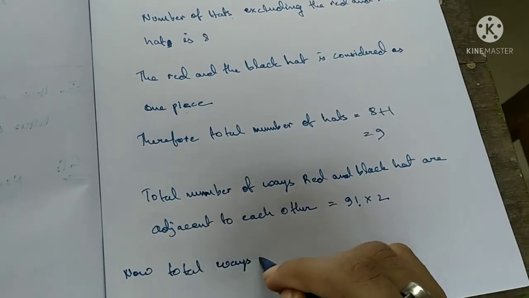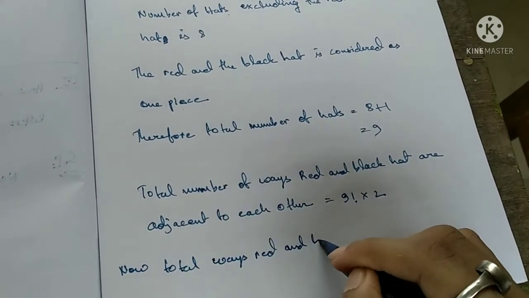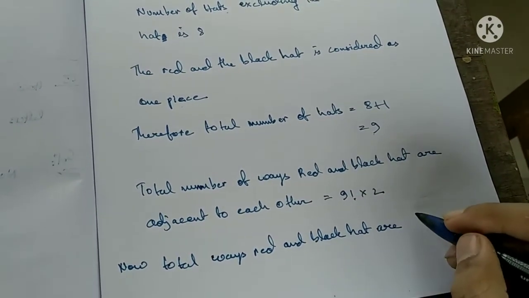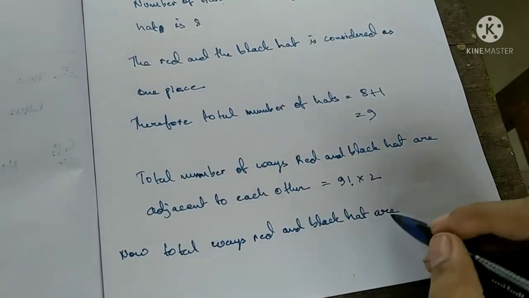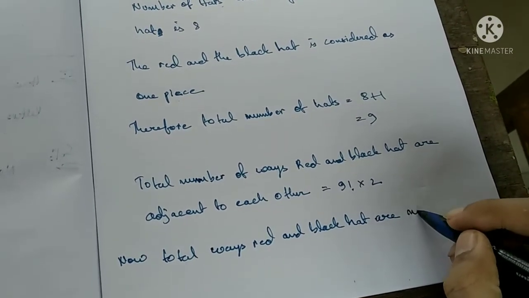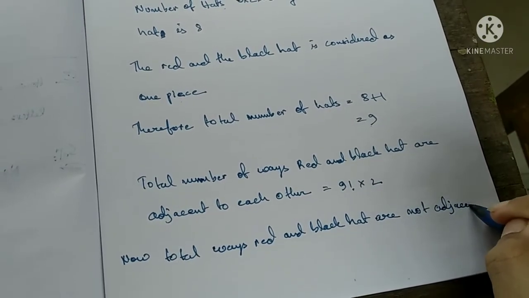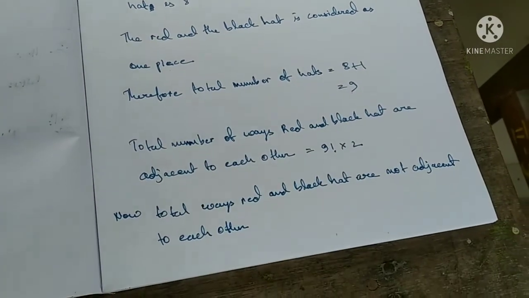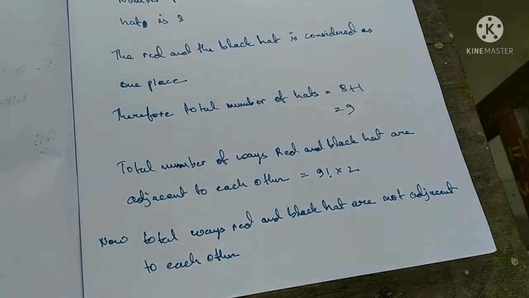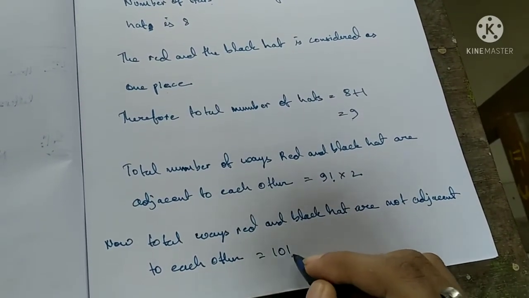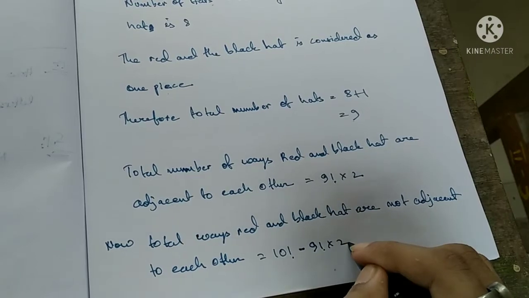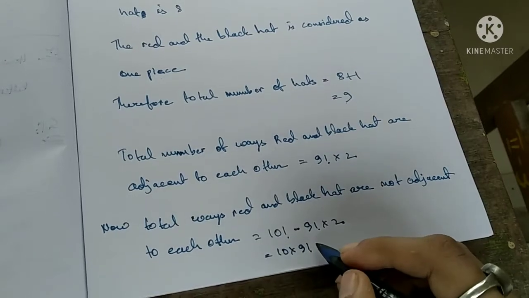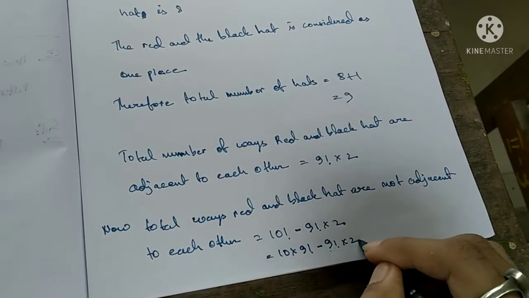So now total ways the red and black hat are not adjacent to each other will be equal to 10 factorial minus 9 factorial into 2. 10 factorial means 10 into 9 factorial I can write, minus 9 factorial into 2.